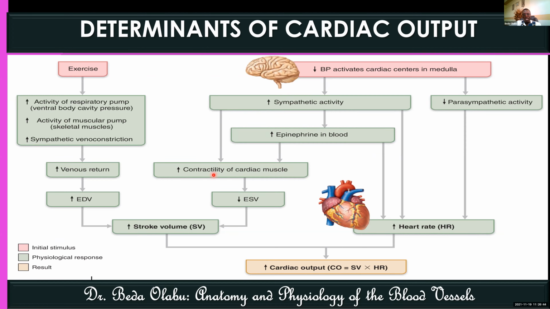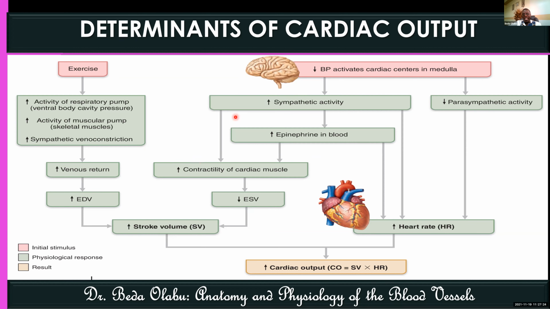Sympathetic activity also has a positive inotropic effect, and that will lower the end systolic volume because the heart will contract forcefully, so it will pump so much blood out of the heart in a single contraction. If you lower the end systolic volume, and on one end you've elevated the end diastolic volume, you are increasing the stroke volume, even if that EDV was constant. If you lower the ESV, you still increase stroke volume because stroke volume equals end diastolic volume minus end systolic volume.